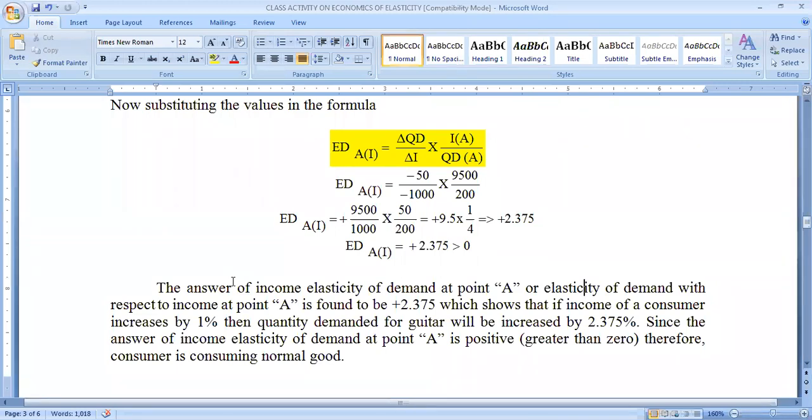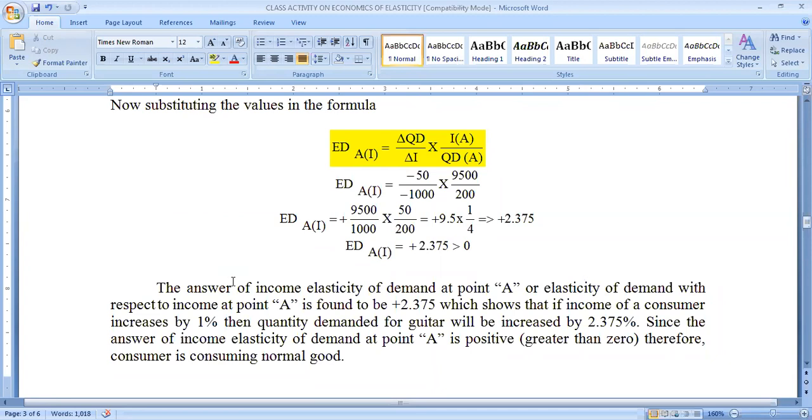Since the answer of income elasticity of demand at point A is positive, meaning greater than 0, therefore the consumer is consuming normal goods. There are three types of goods: normal, inferior and Giffen. When income elasticity of demand is positive, a good is always called a normal good. But what if the income elasticity of demand is negative?